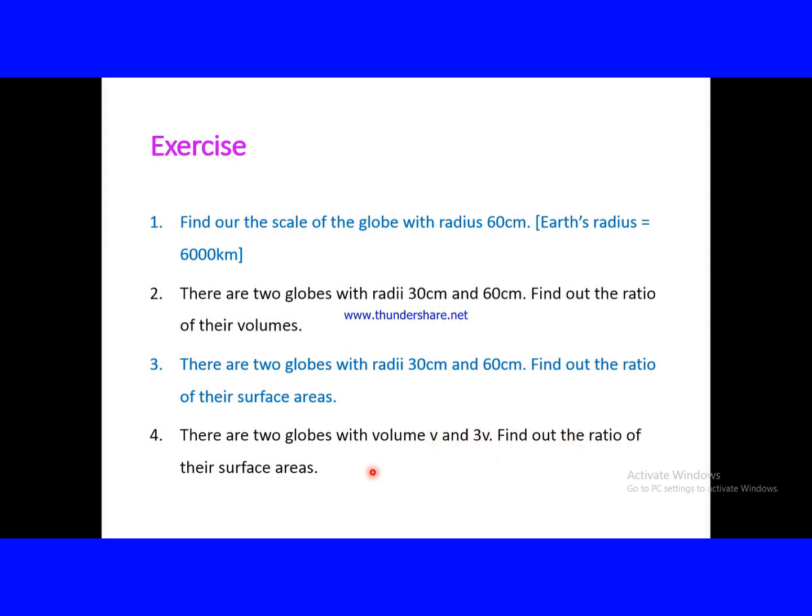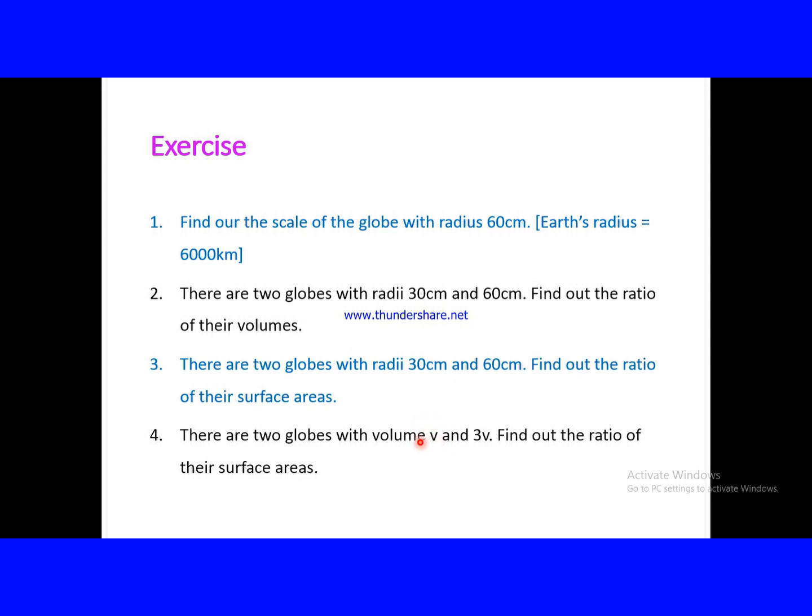Another question, there are two globes with volume V and 3V. Find out the ratio of their surface area. Ratio of their volume is simply 1 is to 3, but what about the ratio of surface area? From volume, we'll calculate surface area.